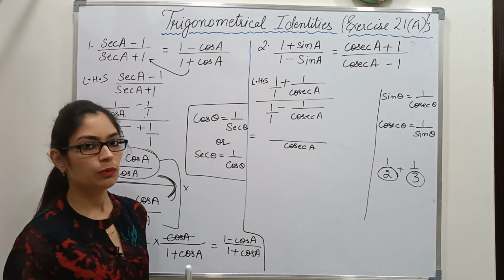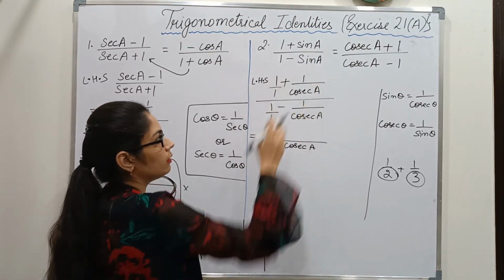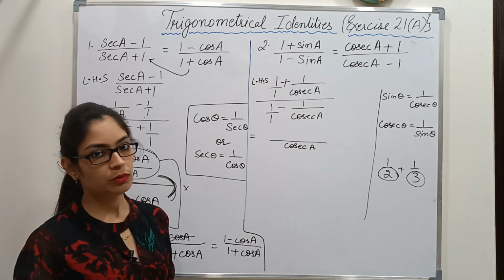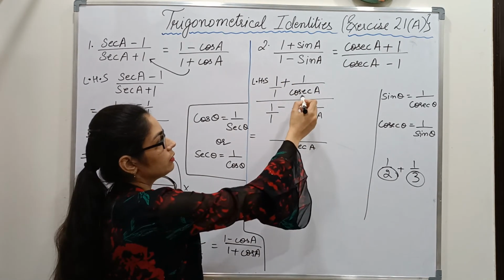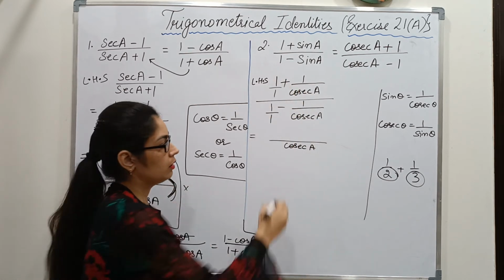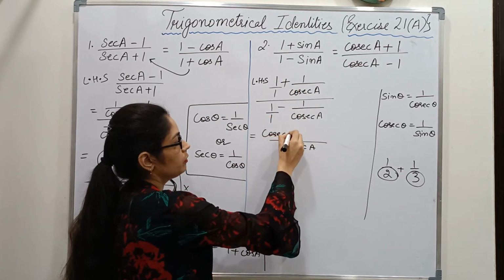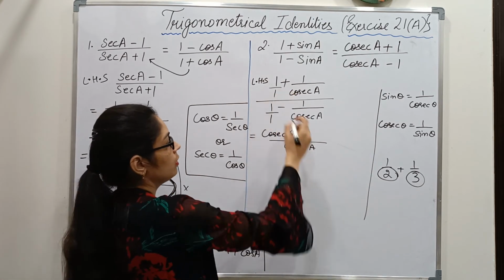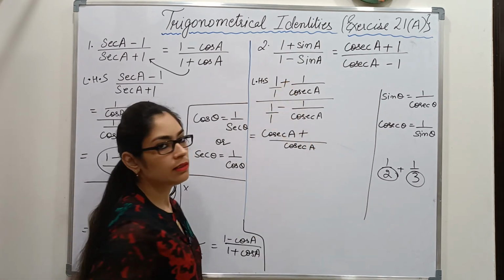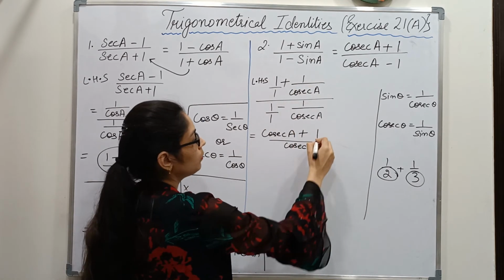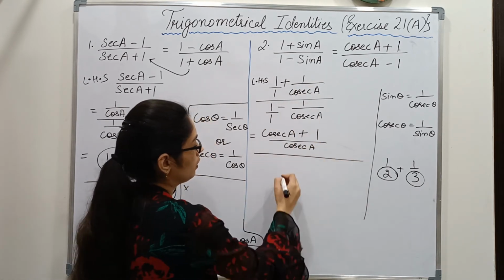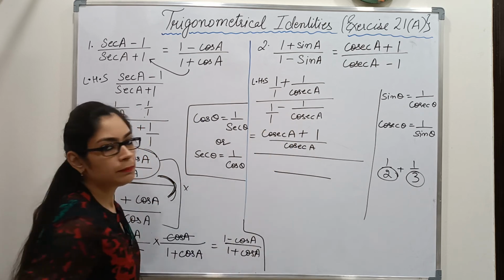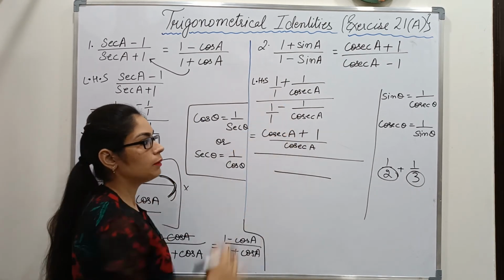Whatever we have to write in the numerators, we do by cross multiplication. So cosecant A into 1 is cosecant A, because if you multiply anything with 1 we get the same expression. Again plus sign as it is, 1 into 1, 1. This one is the same type of expression with a minus sign.